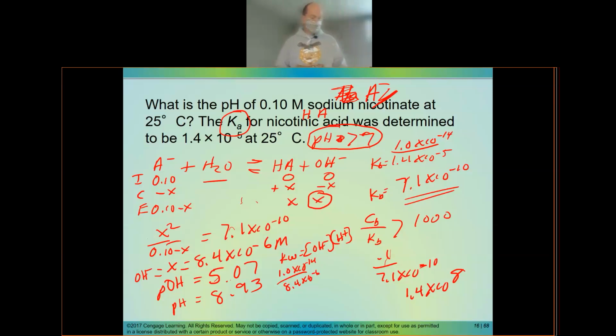And that gives you a 1.2 times 10 to the minus 7. No, that would be minus 9. Right, minus 9. That is your H plus concentration. And then you take the negative log of that to get your pH, and it is 8.93.